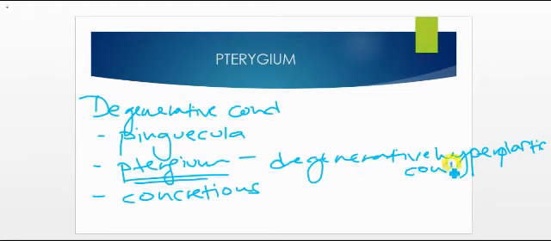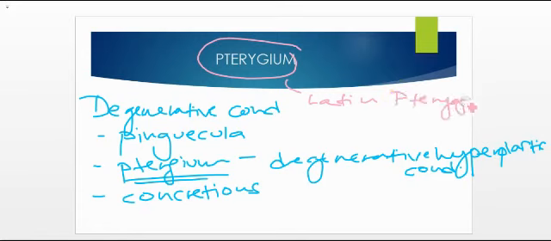Now just looking at the word pterygium, this word is derived from a Latin word called pterygion, which literally means wing. So basically pterygium is a wing shaped fold of conjunctiva.